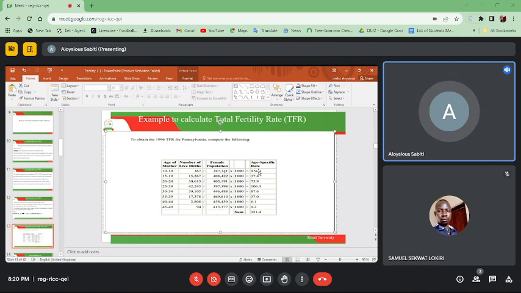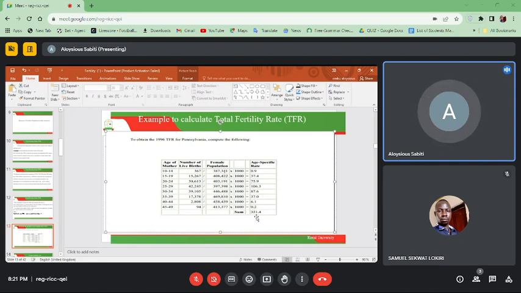For 10 to 14 years, the specific rate is 0.9. However, it drastically increases, and women who are 25 to 29 had the highest chances of giving birth, as their age-specific fertility rate is higher than any other. And you can see it climaxes at 34 years, and from 35 to about 49 it drops steadily.